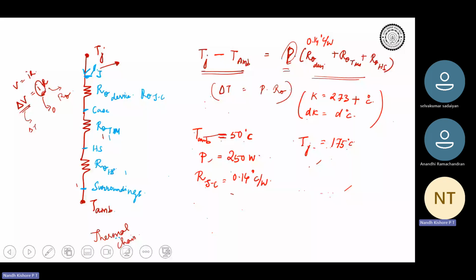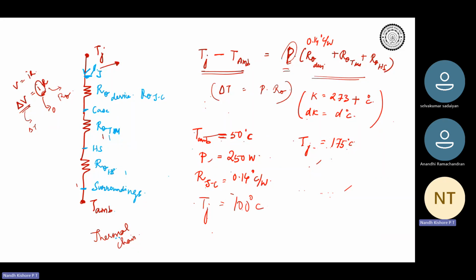As a designer, I don't want to go anywhere above 100. 100 is too much, boiling point. So I will have a constraint that my maximum junction temperature can be only 100 degrees.